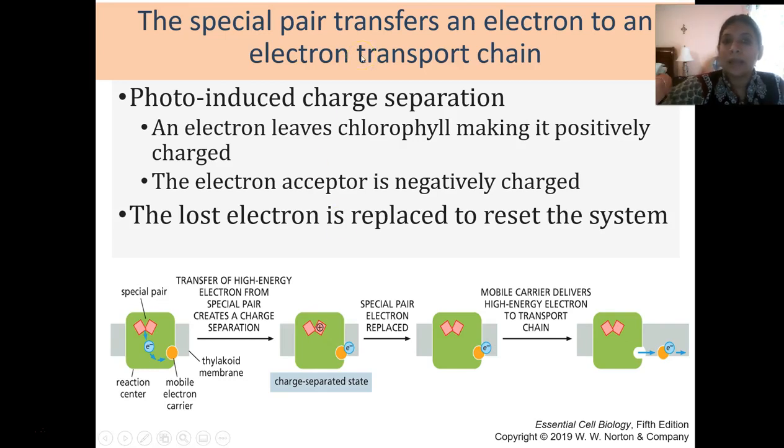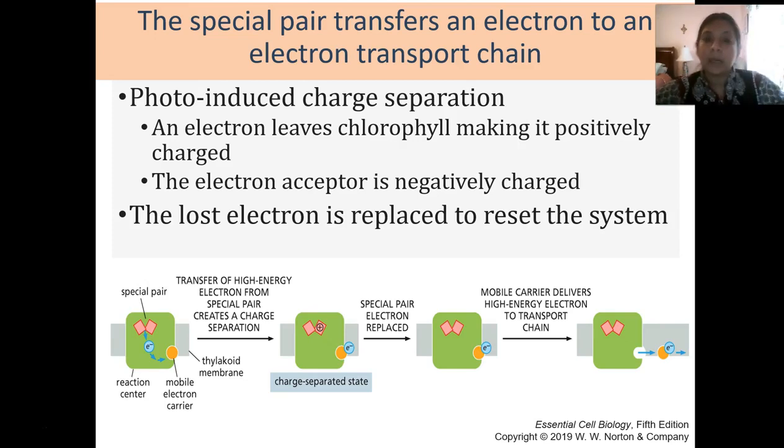So inside that actual reaction center, what's so special about that system itself? The special pair of chlorophyll molecules in the reaction center are special in the sense that they can transfer these electrons to an electron transport chain.